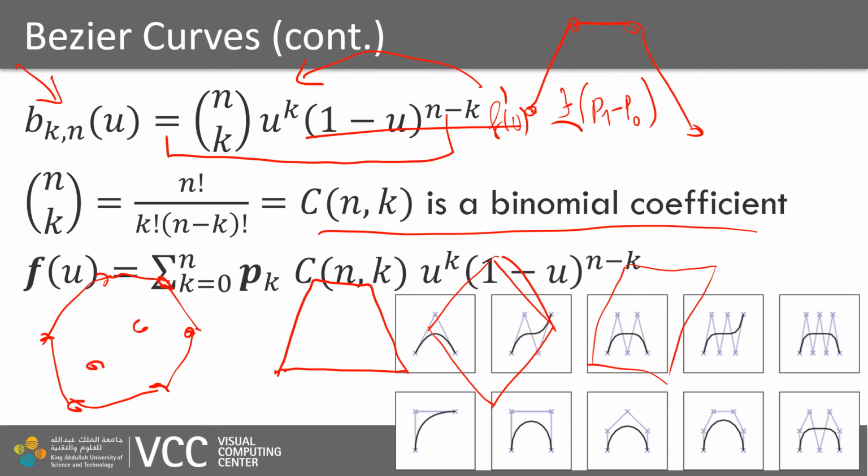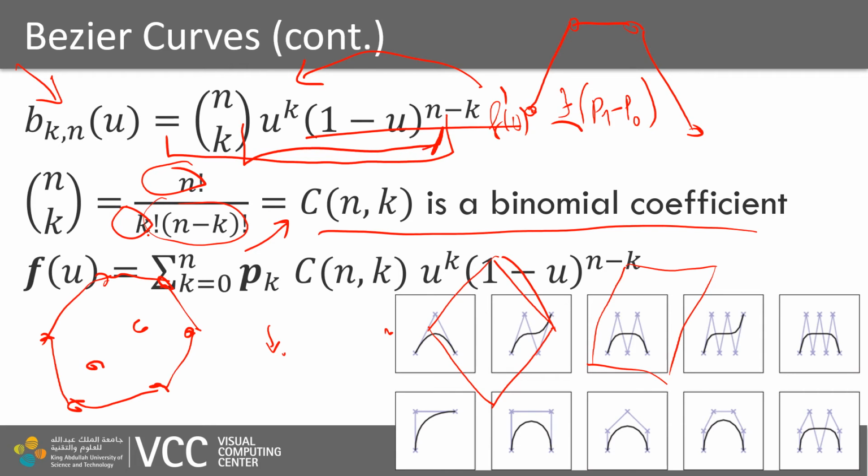The n over k, you should know it, is n factorial divided by k factorial times n minus k factorial, and it is often for the Bezier curves defined in this way, termed C n k, the binomial coefficient, which is associated with the product of the polynomials coming from u to the k and 1 minus u to the n minus k.